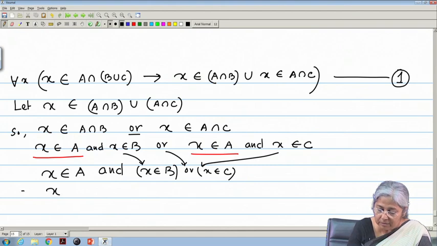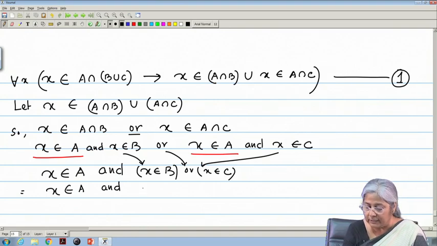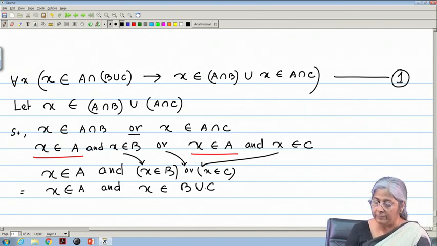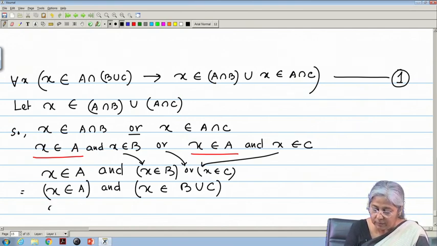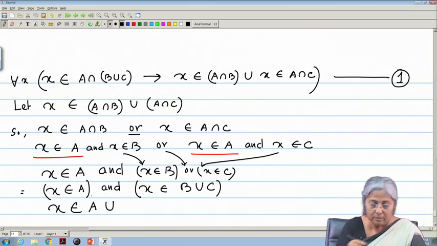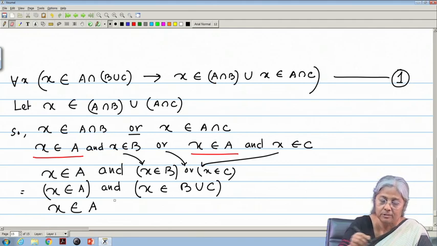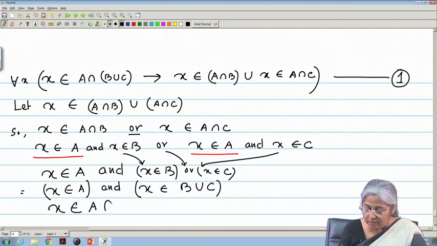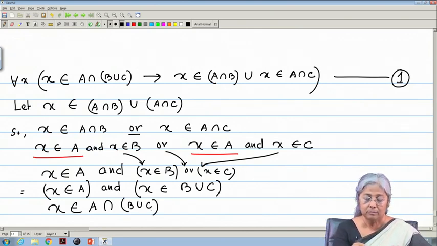So, same as before, I can write x belongs to A and x belongs to B union C. So, this is the same as x belongs to A intersection (B union C). So, what have we assumed?